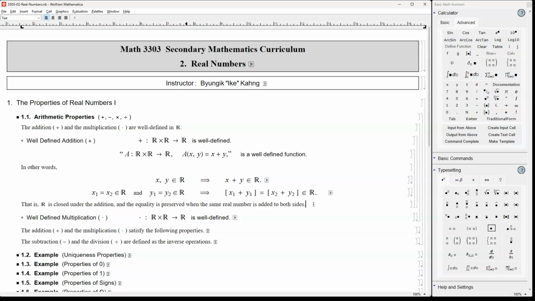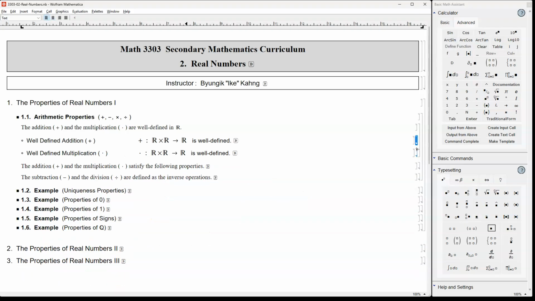Actually, that is not a property of equality. That is actually property of addition. Excuse me, it's not really a property either. It comes from whether addition is well defined or not. In any case, we have been using the term, the property of the equality for so many years, so let's stick to that. But in any case, that's what we just covered. Addition is well defined.